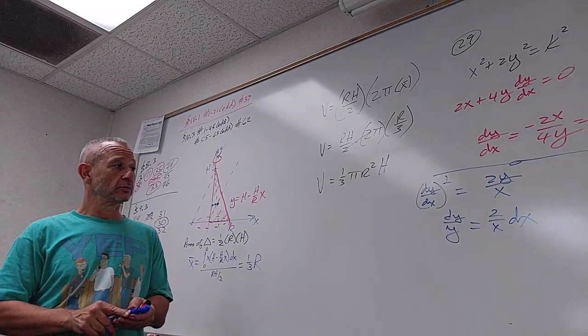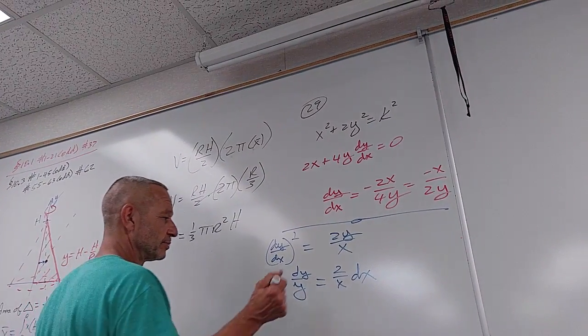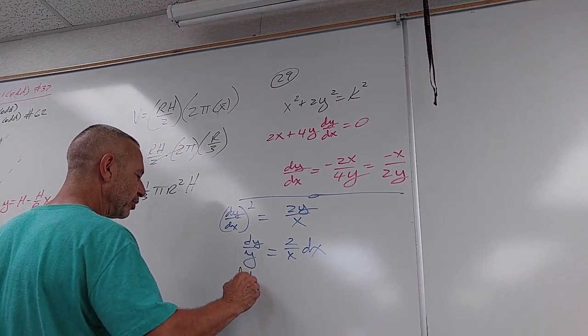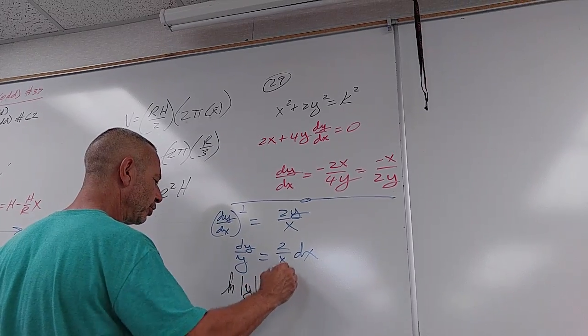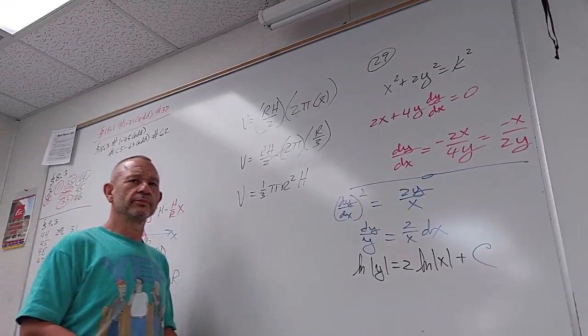Wait, how come you don't plug in the... Oh, wait. K went away. So ln absolute value y equals 2 ln absolute value x plus an arbitrary constant.